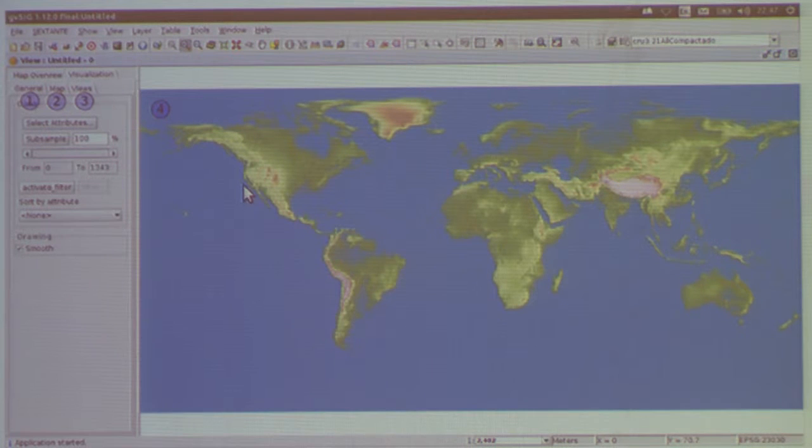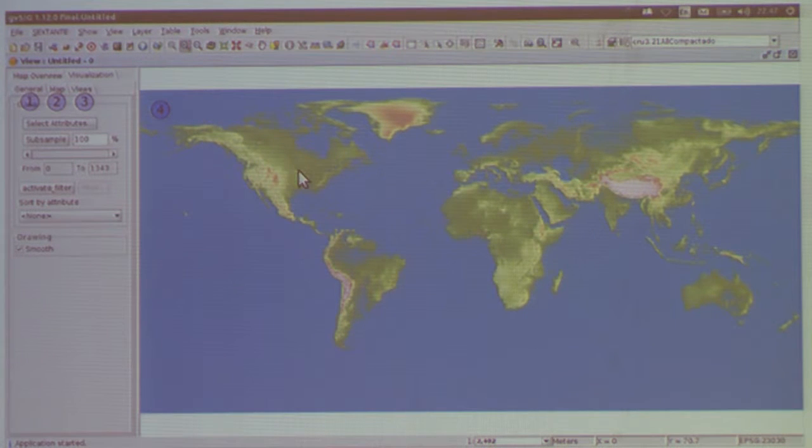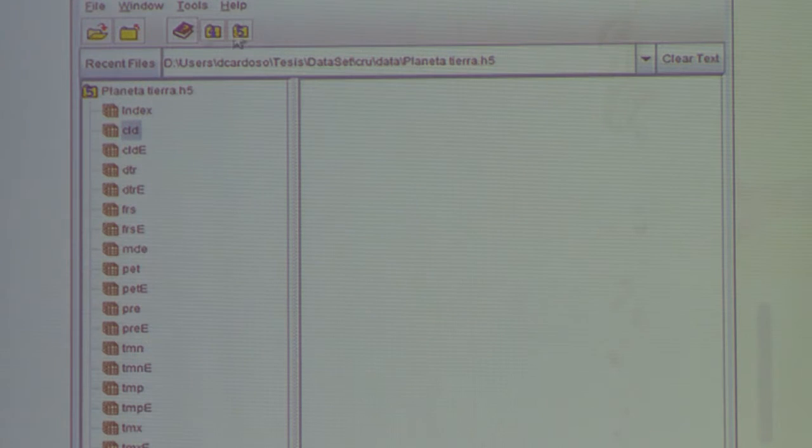And this data set incorporates data sets in each one of the cells with a resolution of 0.5 degrees. So this is a grid of 25 by 25 kilometers, and we have 10 variables taken in the whole planet globally from those variables, humidity, temperature, and so on.